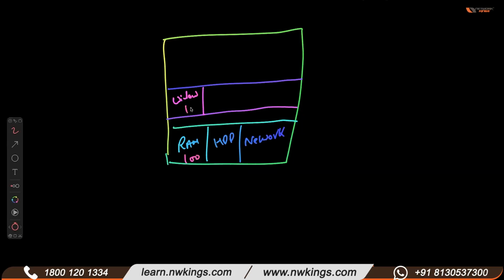I have 1 terabyte of hard disk, I'll take only 100 GB. And I have 1 Gbps internet connectivity, I will give 100 Mbps to this. So this is a separate machine where I'm creating Windows 7 with 100 GB hard disk and 100 Mbps internet.